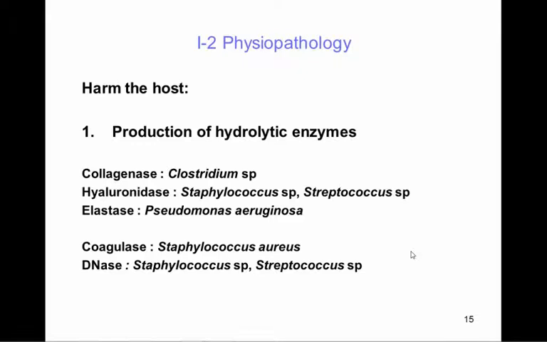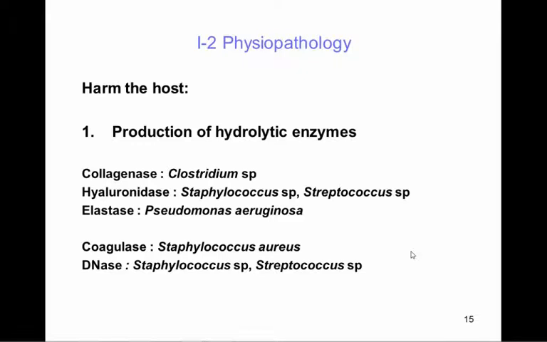Now, Staphylococcus aureus does something very different, does the opposite, right? It's going to induce the formation of a clot by expressing coagulase. Now, why on earth does it do that? Okay, this is going to be a blood vessel now. And you've got some Staphylococcus aureus floating around here.